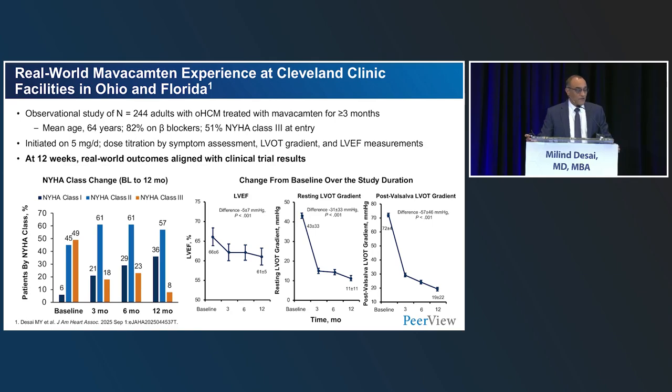We initiated on a 5 milligram dose, similar to the REMS program and the clinical trial. Data very, very good, very similar improvement in NYHA class. EF stayed within normal limits but reduced as expected, as did gradients. Additionally, this paper also showed strain, LA volume index, diastolic function, everything improved in this obviously open label real world data.